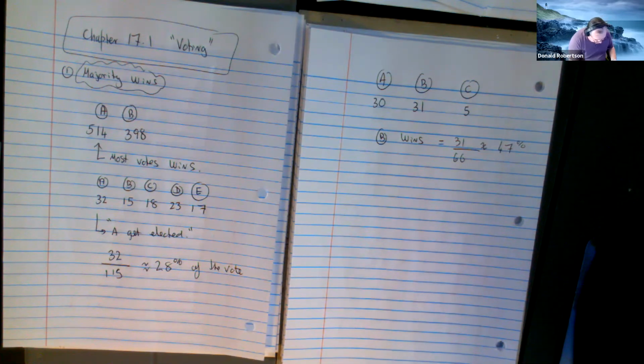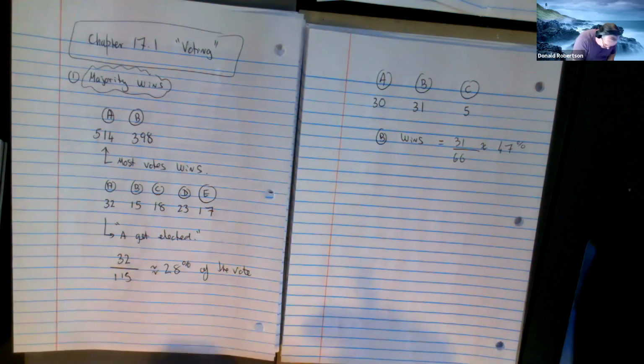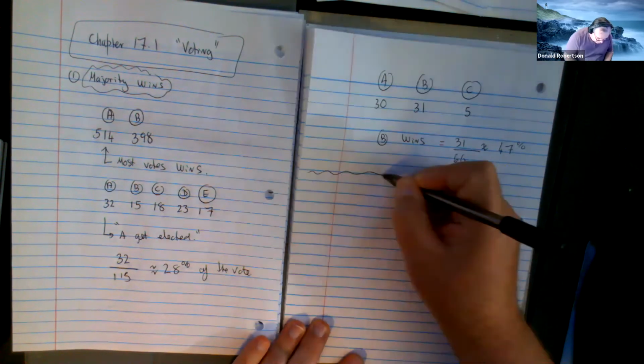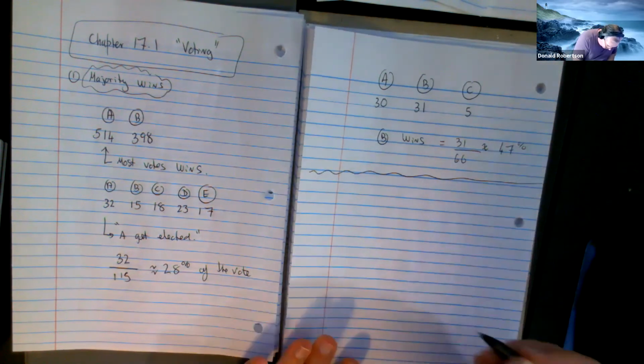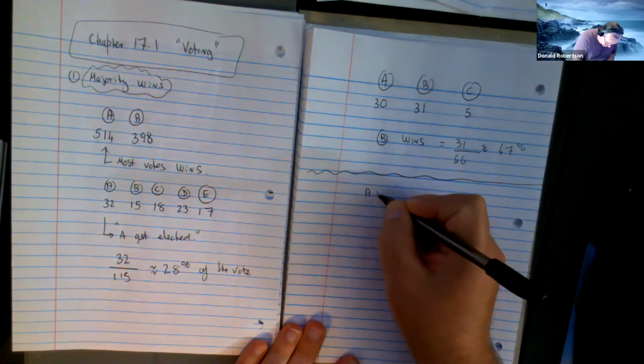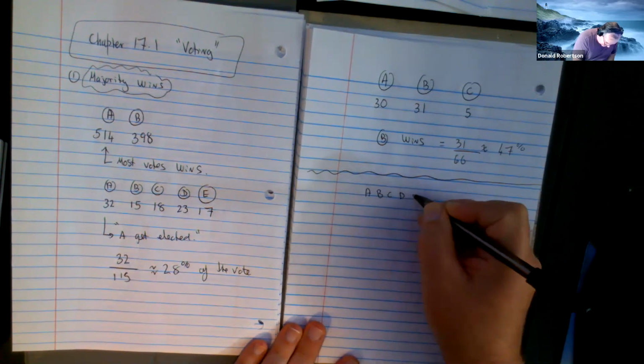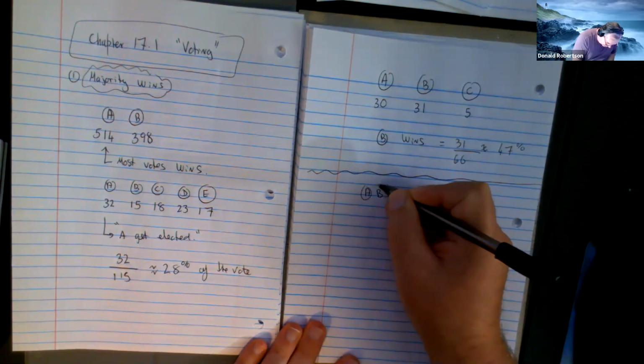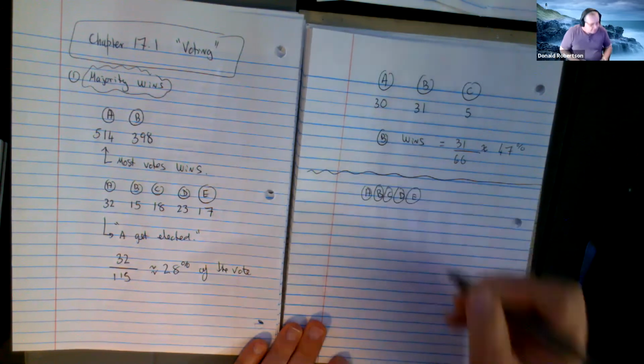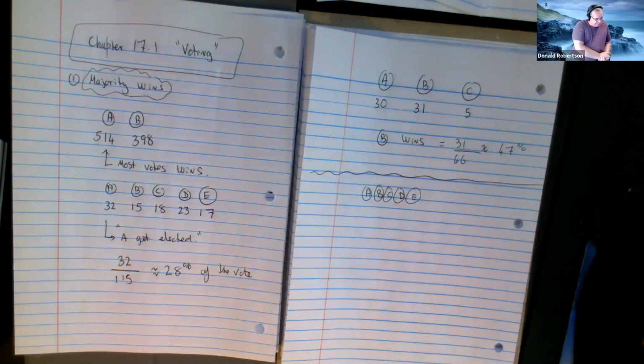So how do you go about changing that system? One of the classic ways is you have as many candidates as you like, but you have 2 elections. The first election is just to weed out the spoiler votes.